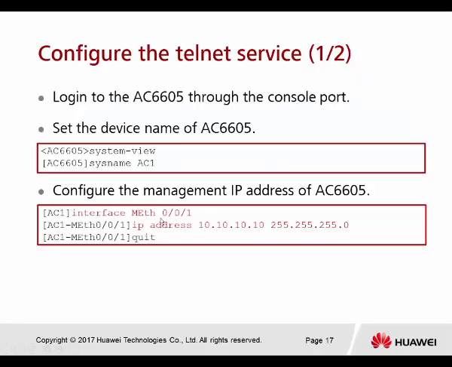The next one is called the management interface. Take note that this management interface cannot be configured for any service access. It's purely for Telnet purposes. From there you can assign the IP address.